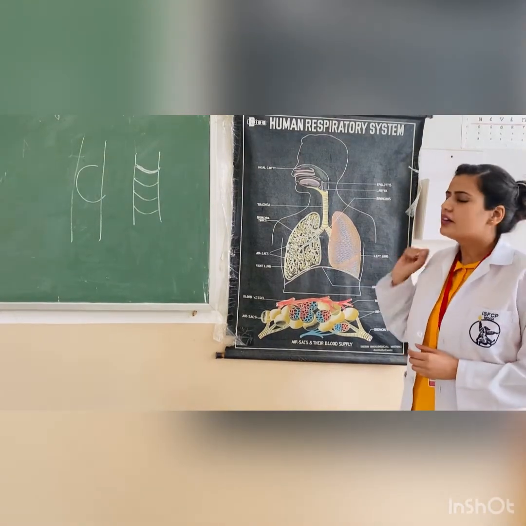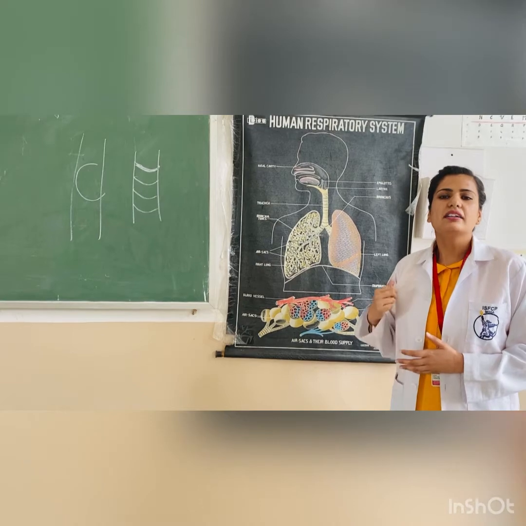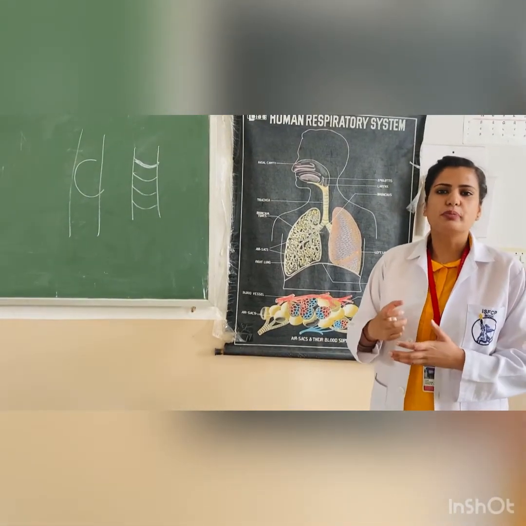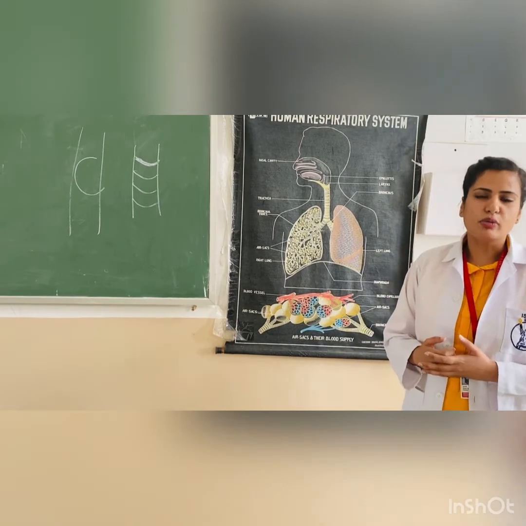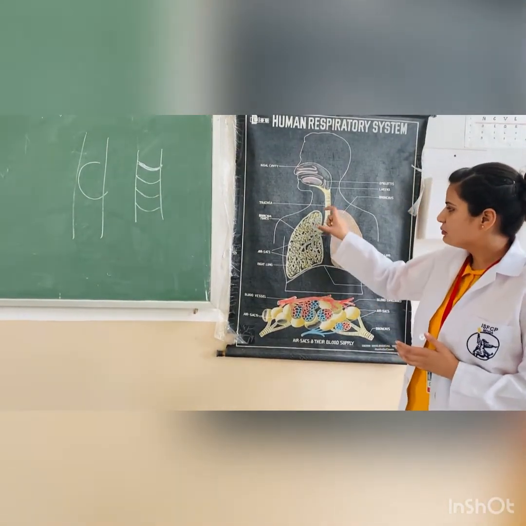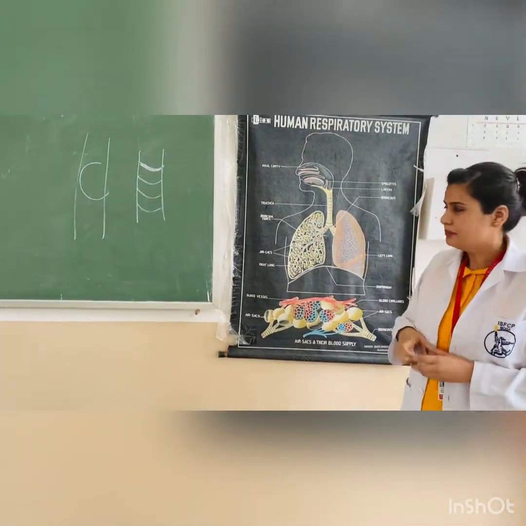Our left lung is divided into 2 lobes, superior lobe and inferior lobe, whereas the right lung has 3 lobes: superior lobe, middle lobe and inferior lobe.